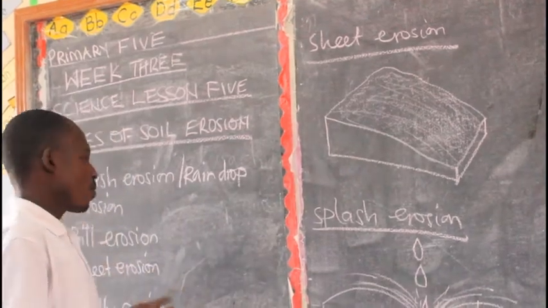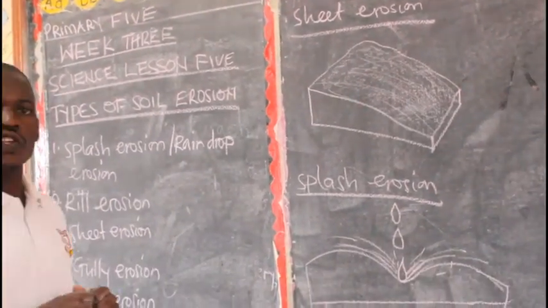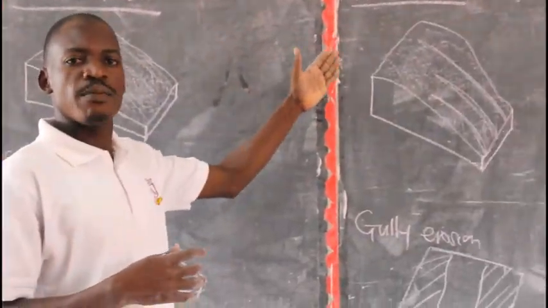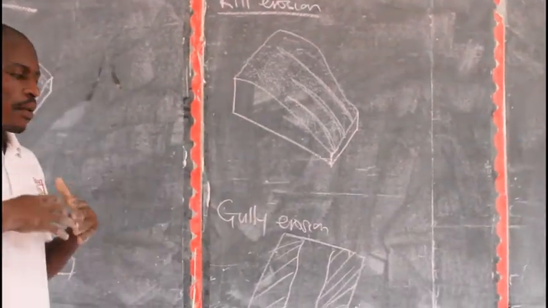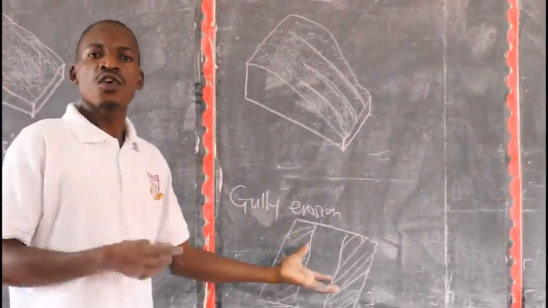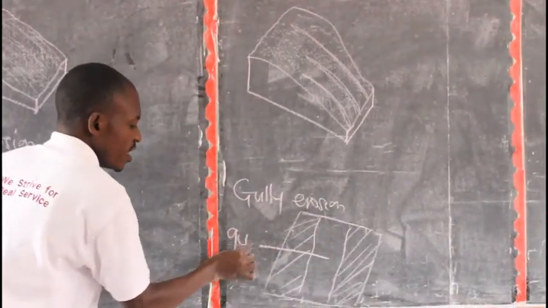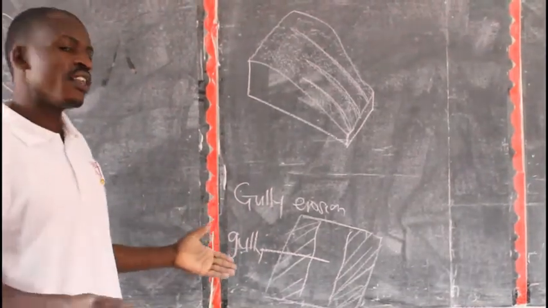Then we have what we call gully erosion. Gully erosion develops from rill erosion. After the rain makes rills in the soil, these rills widen and form what we call gullies. If it is one, it is a gully; if they are many, they are gullies.